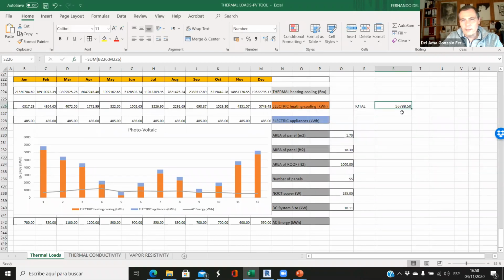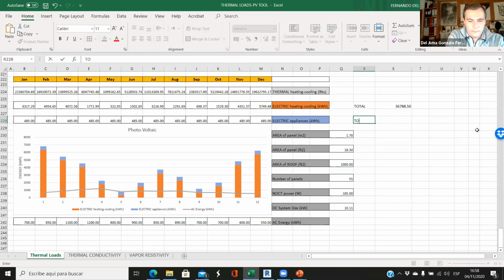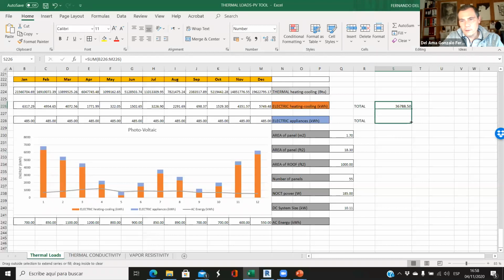So this is the total yearly energy consumption of heating and cooling loads. Here we have the total energy production from the devices. Okay, so let's wait a minute.